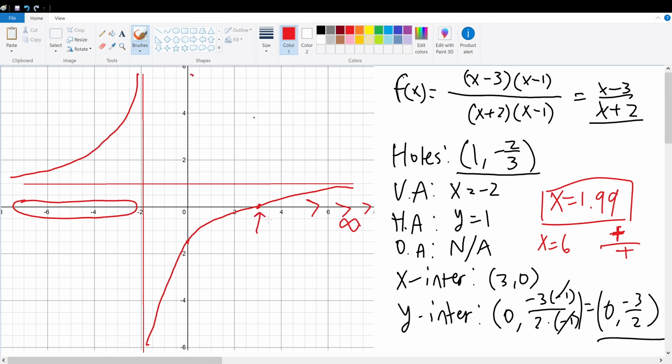Neither can it touch the y-axis, because it doesn't have another y-intercept. The only y-intercept we have is 0 comma negative 1.5. Therefore, our function must be right there as so. And here we have graphed out our second example of another rational function.